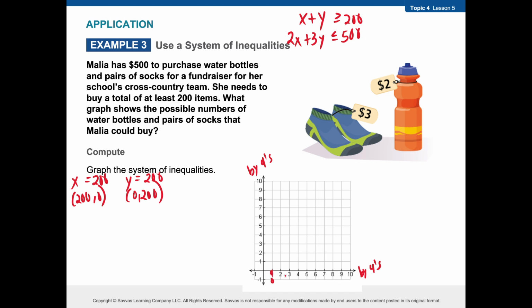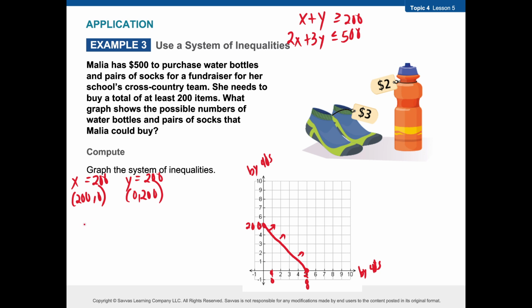So this starts at 40, 80, 120, 160. This would be at 200, since I'm going by 40s, not by 4. My bad. So 200, 0, and then 0, 200, solid line. And this would be shaded above.